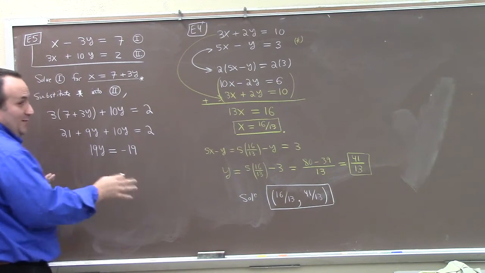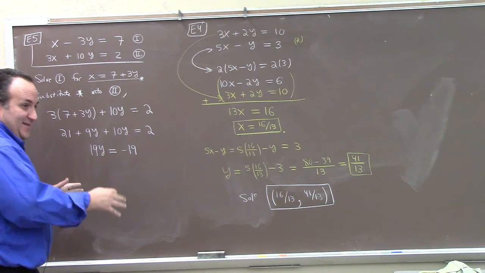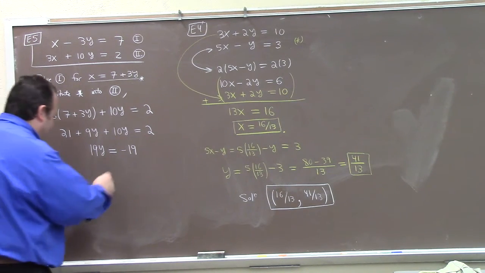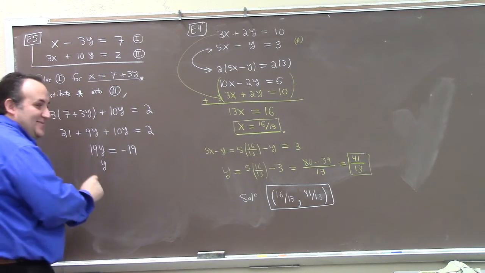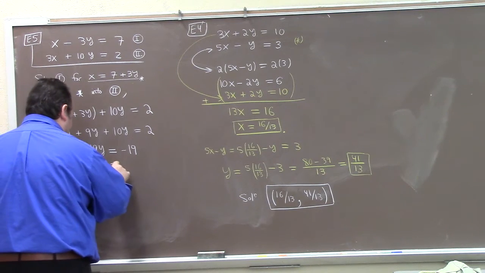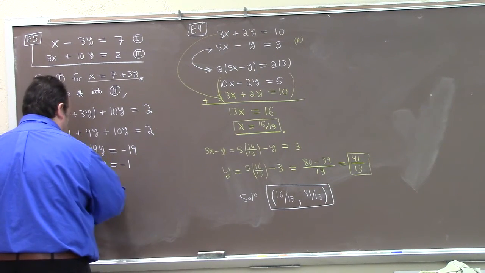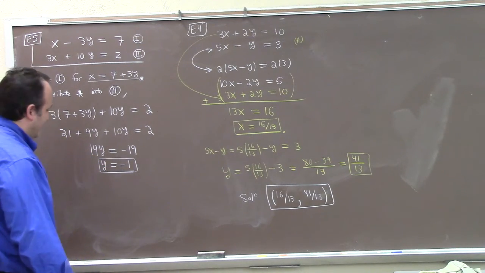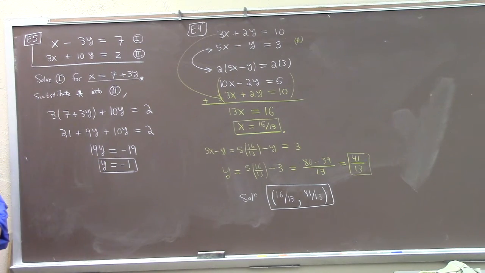Whoa. I made this problem up, guys, but one of the answers is minus 1. That's cool. You've got to understand, that's very unlikely in terms of the probability of me getting a whole number answer. 19 over minus 19 is minus 1. What's x?